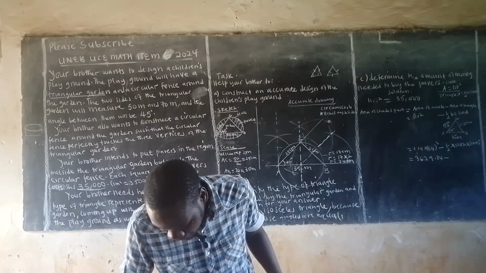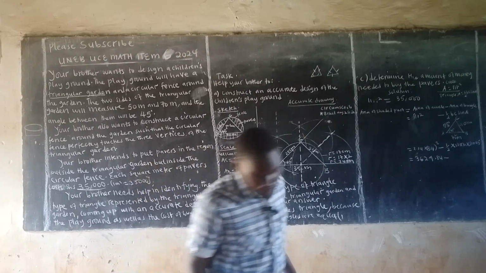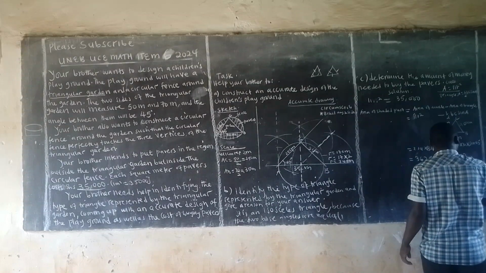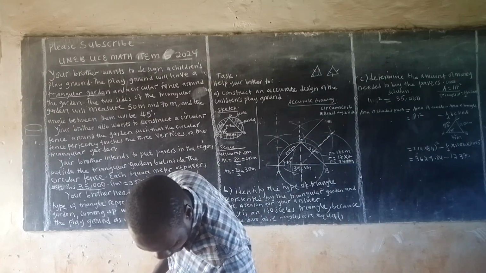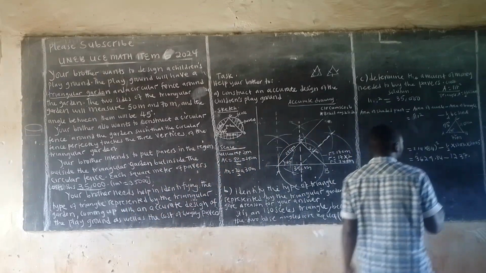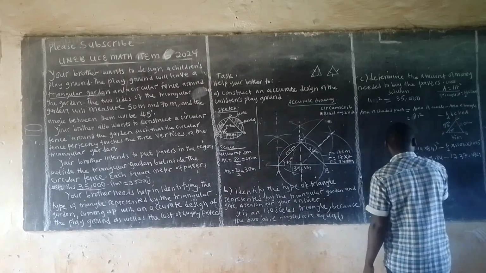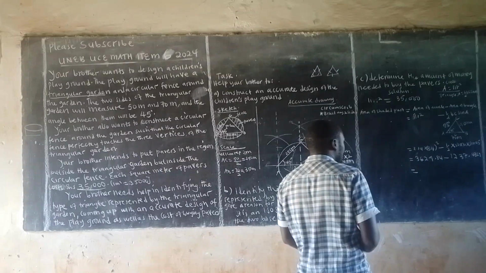Okay, it will be 1237.4369 from my calculator. Now let's see. This is all in meters. So now subtract.